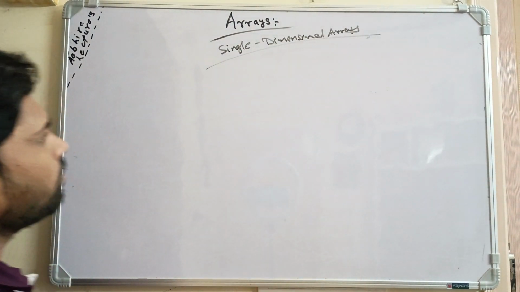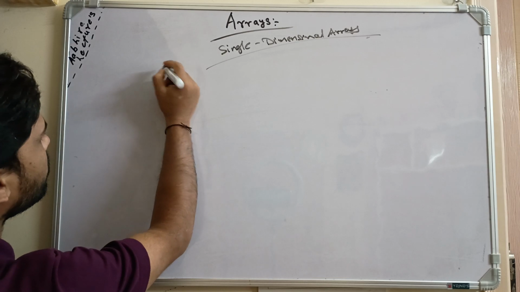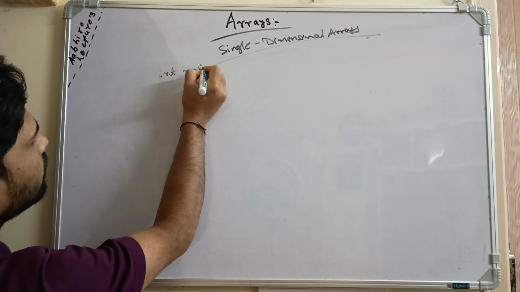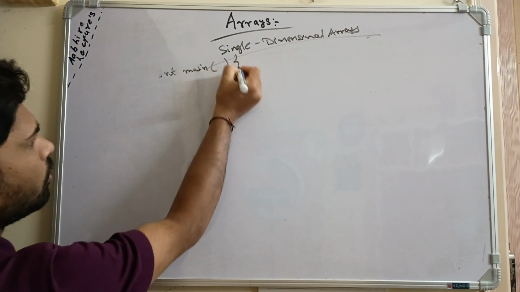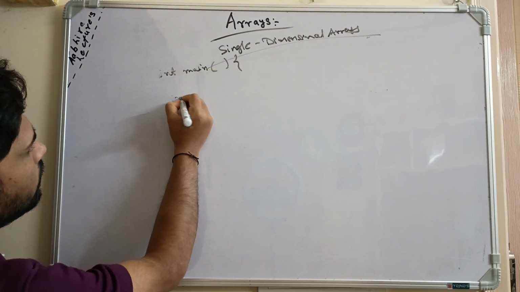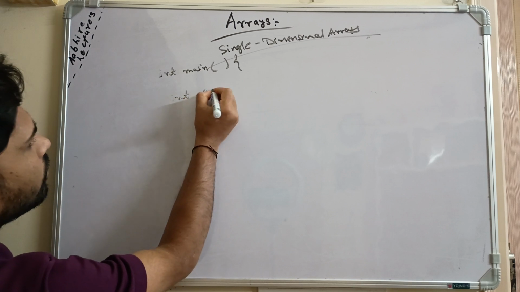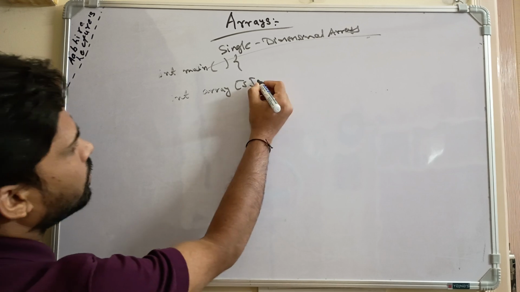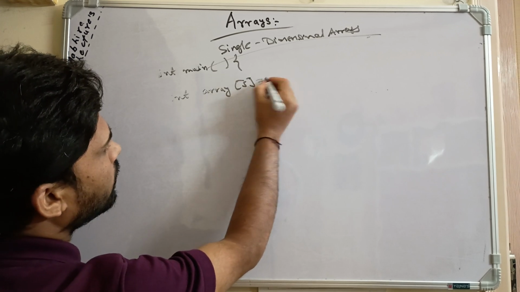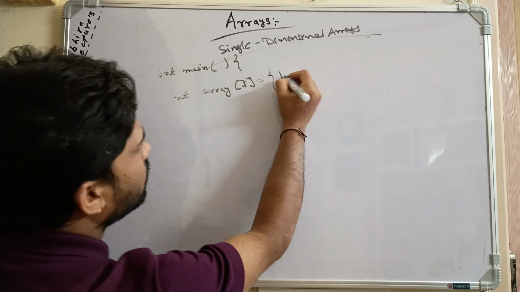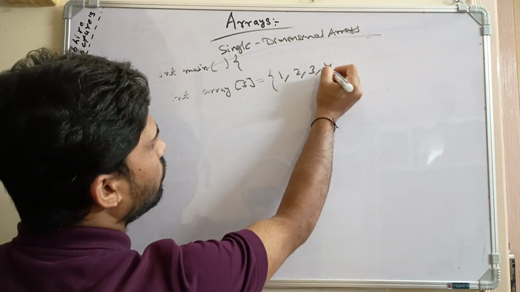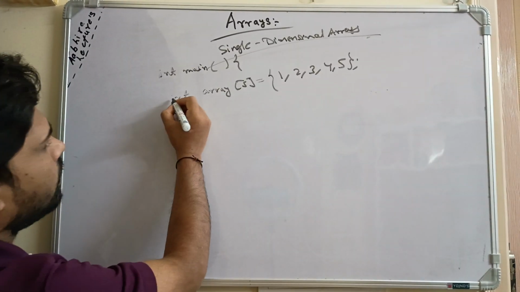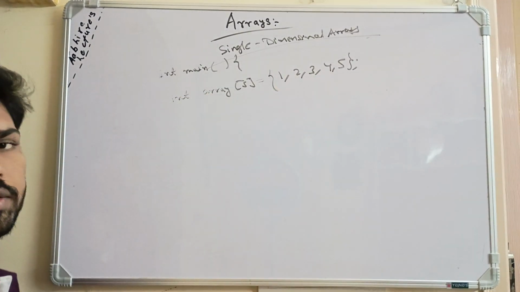I will take an example in main, with an array of size 5, with the values 1 2 3 4 5. So we declared and initialized the array.